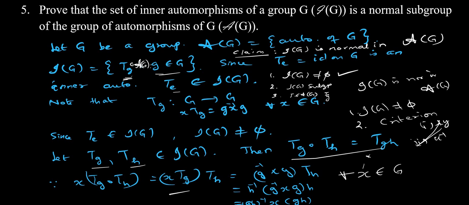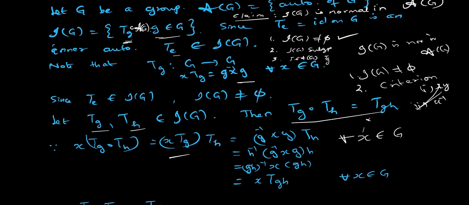Now x Tg composition Th, by the definition of composition of mappings, this is how we write, and by the definition of Tg here, we write x Tg as g inverse x g. Under Th, this element will be taken to h inverse g inverse x g h, and that on simplification gives us that this is nothing but gh the whole inverse.